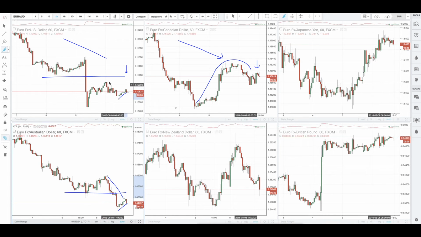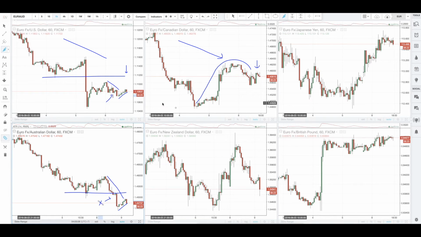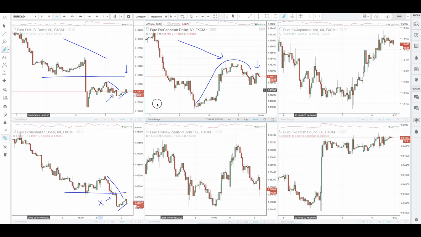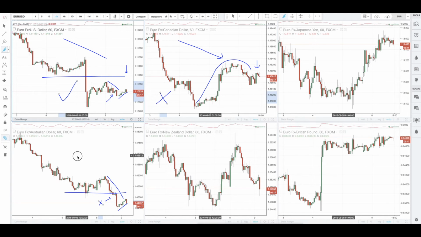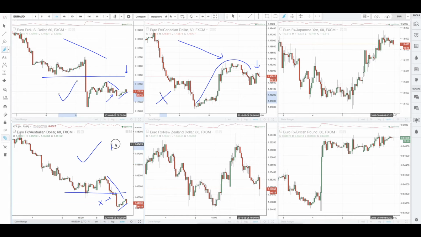But this pullback is not into a strong down move, which means more buying pressure here, and here, no buying pressure. This gives you an indication that I know Euro CAD is not the best one. I know Euro USD is pretty good, but Euro Aussie is even better.